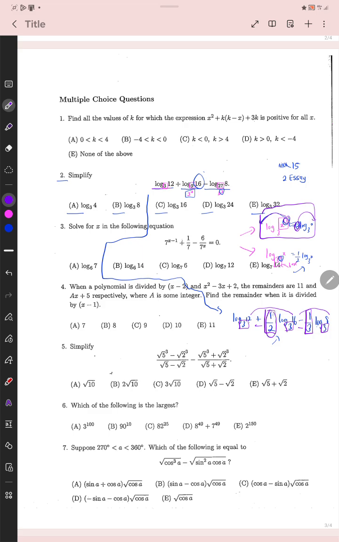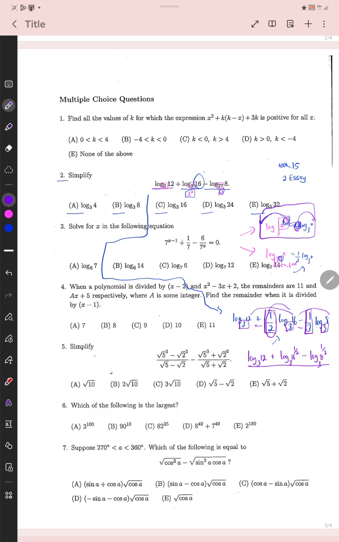So if you have a half, you can write log 3 of 16 to the power of half. The same applies for the next value. So you get log 3 of 8 to the power of 1/3. The first element stays as it is, because there is nothing in front of it.